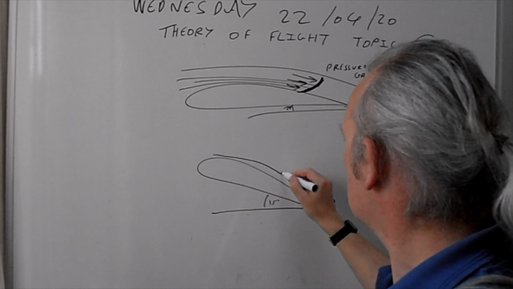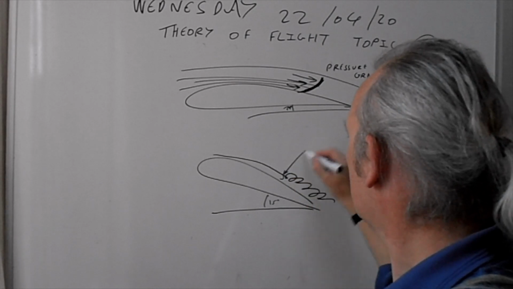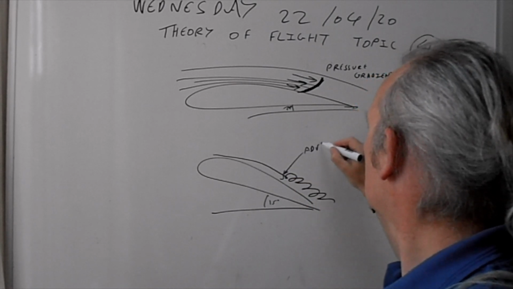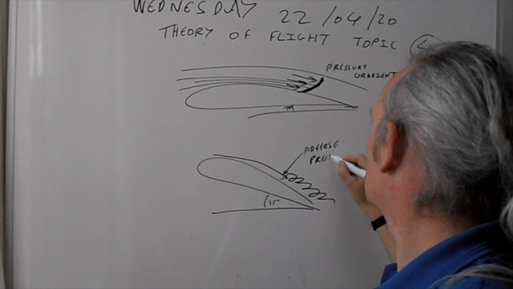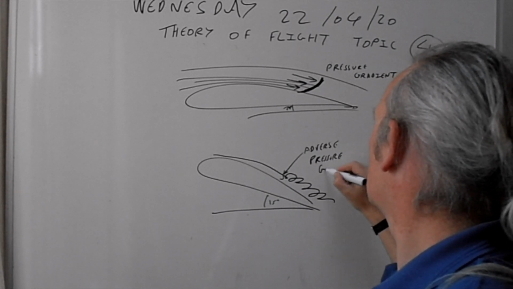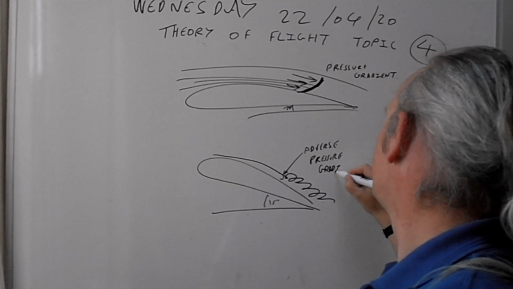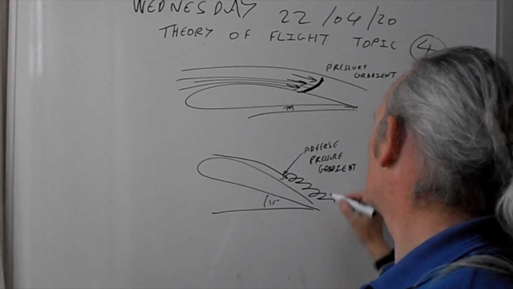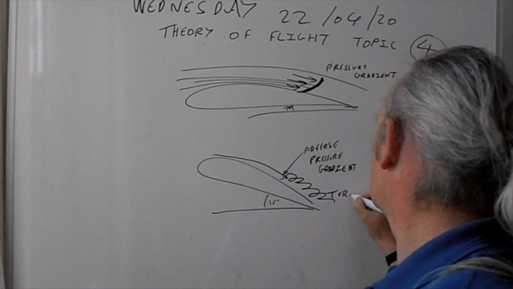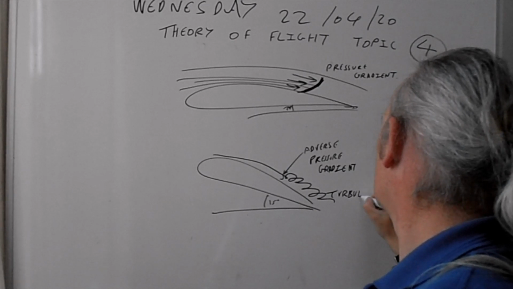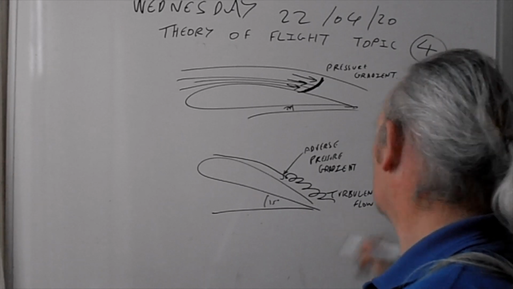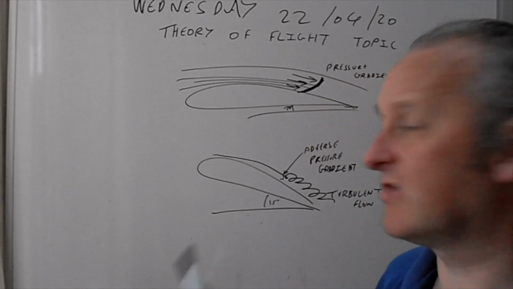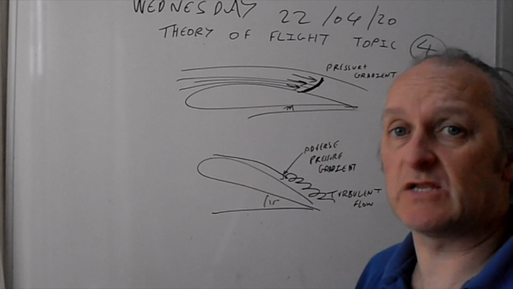And what you can do there is have a little label saying adverse pressure gradient, and then turbulent flow. Two diagrams tell you exactly what you need to know.